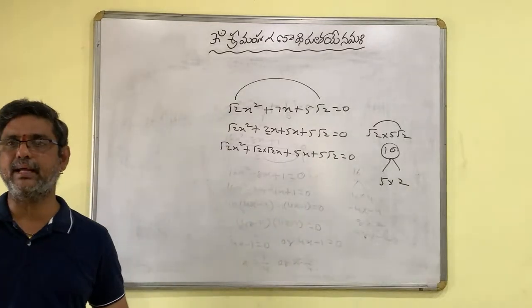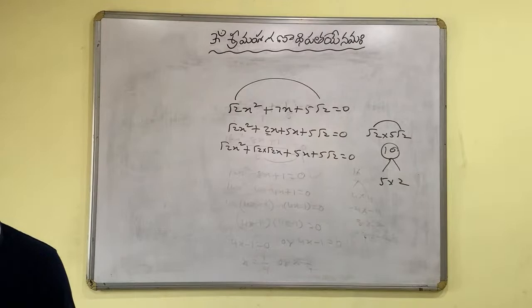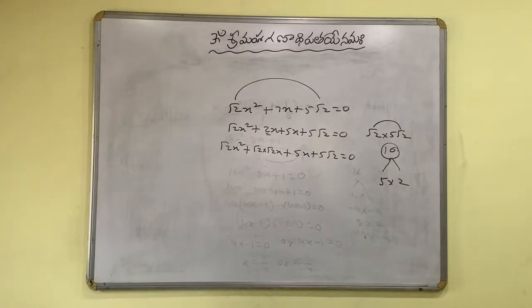In order to understand better, I wrote one more step extra. Instead of 2x, I wrote √2 into √2x.